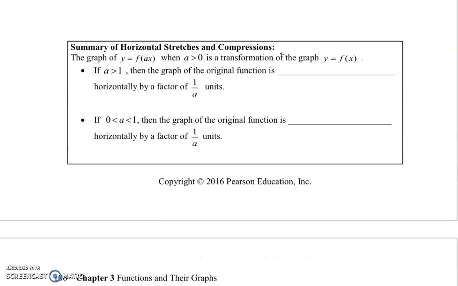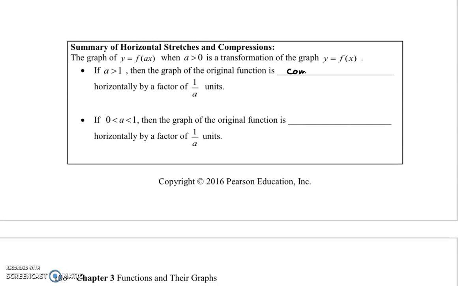Summarizing our horizontal stretches and compressions, if we do the multiplication inside the function, then for the graph of the original function, if that number we're multiplying by is greater than 1, that is a compression horizontally.